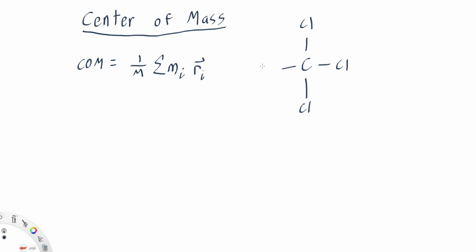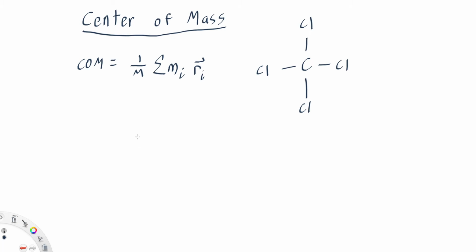And it's a pretty good approximation to say that all of the mass in the object resides at 5 points, right? 1 point for the carbon, 1 point for each chloride. And that would be a perfectly legitimate way of getting the center of mass, to assume that each individual atom has no size, but instead is just a point with all of its mass at one location, and then average over all of that.